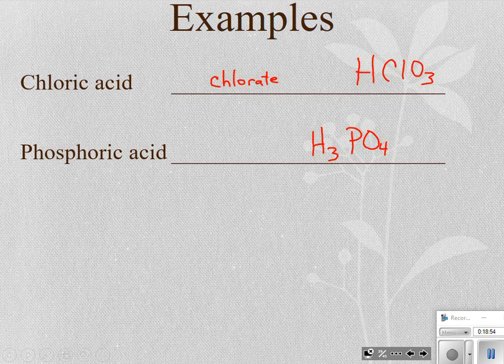Just a side note. That OR right there. Remember I told you the UR was sulfur? Phosphate does that too. If you were doing the IDE ending, you'd call this phosphide.